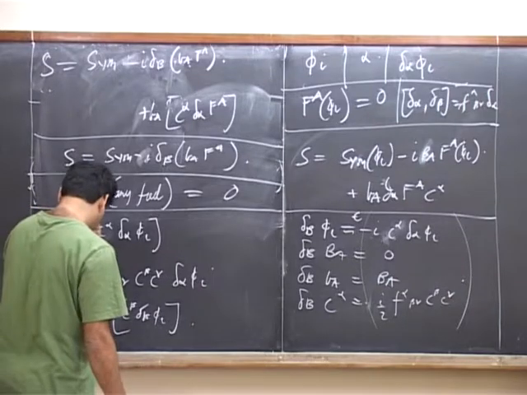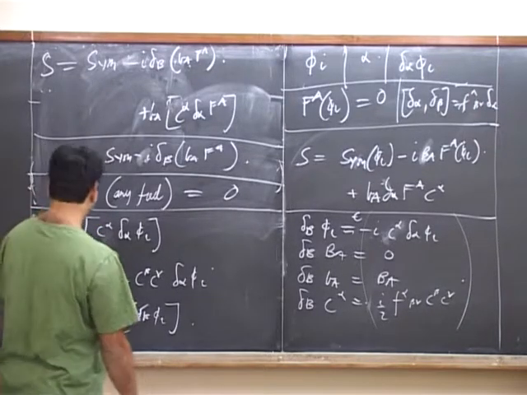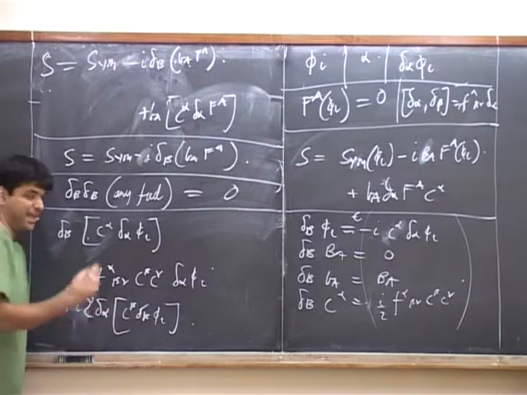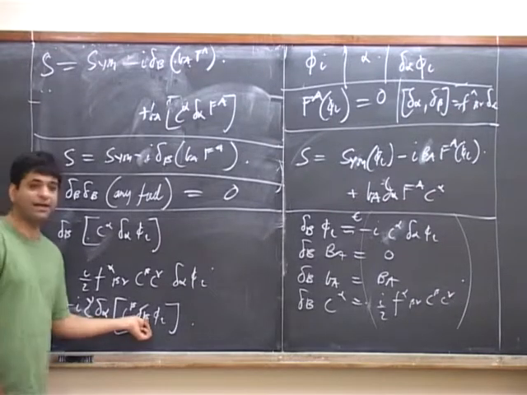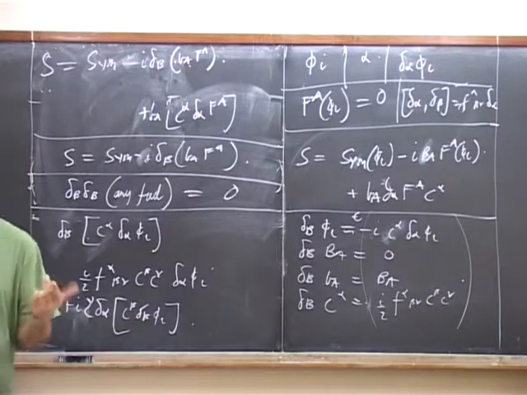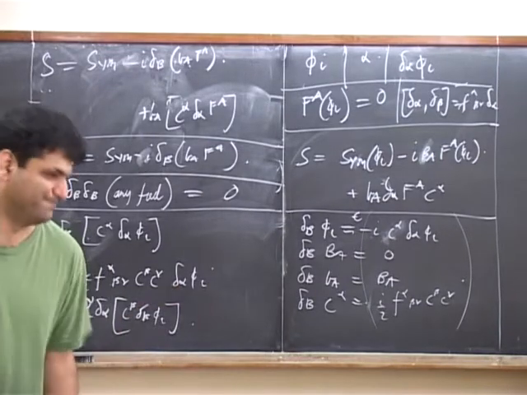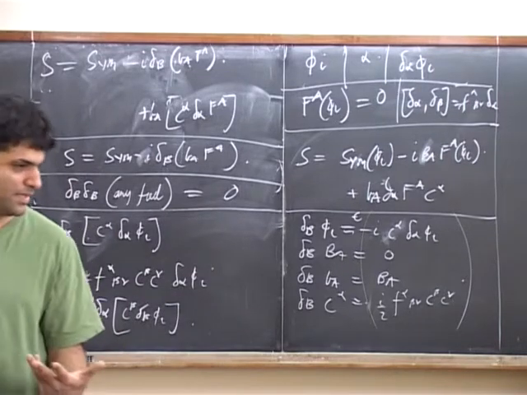Now the next thing we use is that C anti-commutes with itself. So this delta alpha delta beta we can rewrite as a sum of commutator by 2 plus anti-commutator by 2.